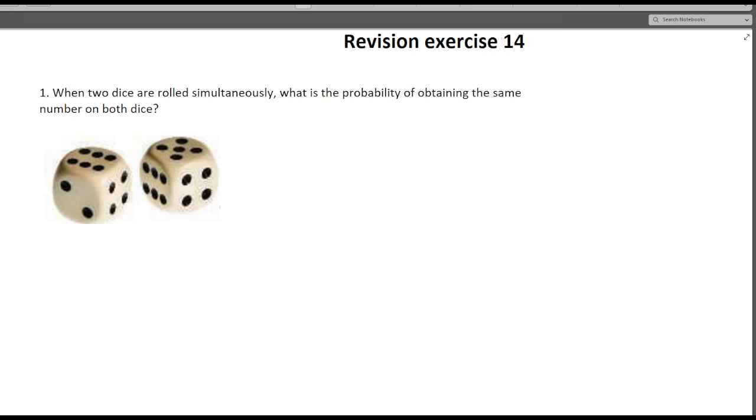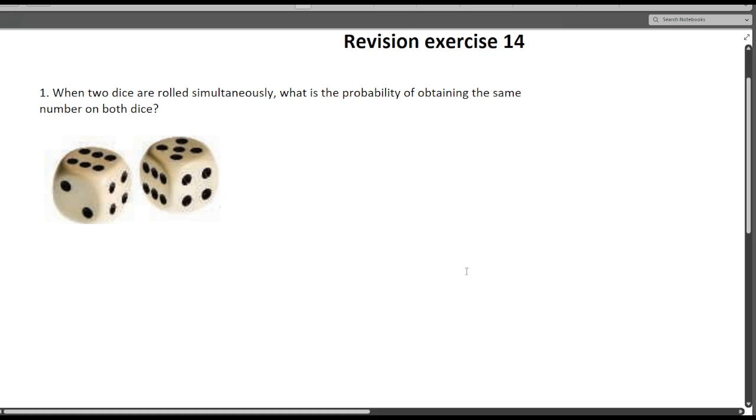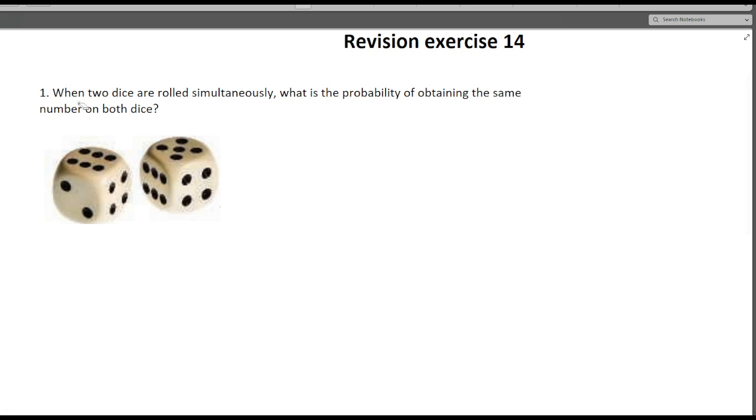When two dice are rolled simultaneously, what is the probability of obtaining the same number on both the dice? Now the question is, we have two dice.